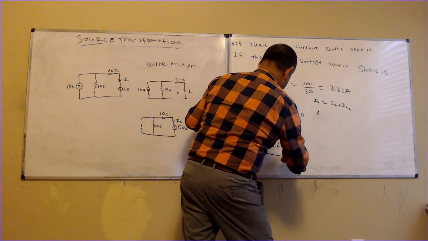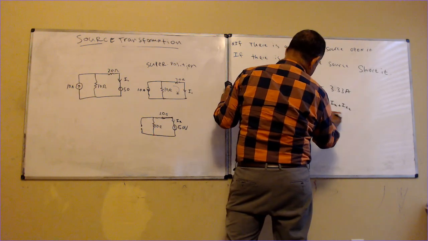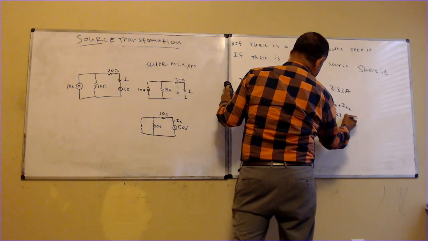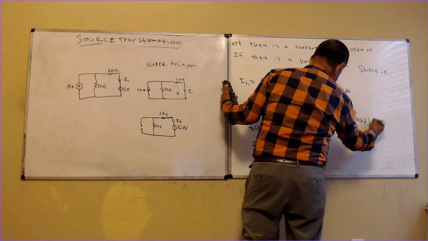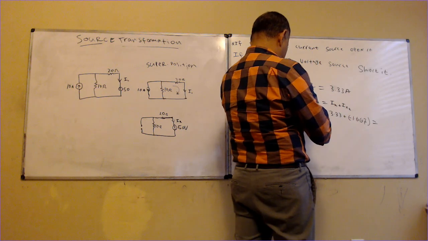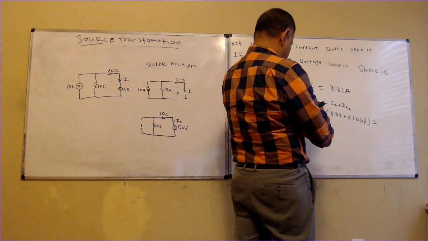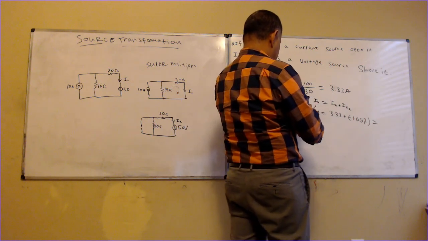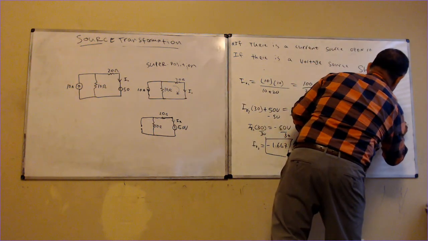And then you add those together. So Ix is equal to 3.33 plus a negative 1.67, and it is going to be very close to that, 1.66. So it's going to be equal to 1.7 amps.